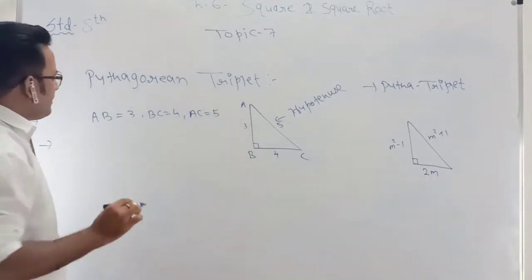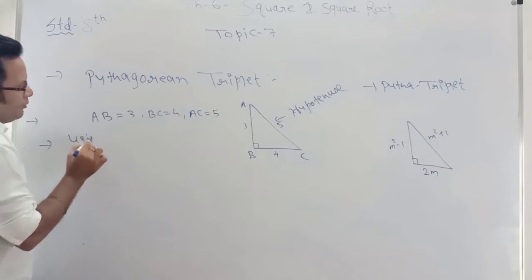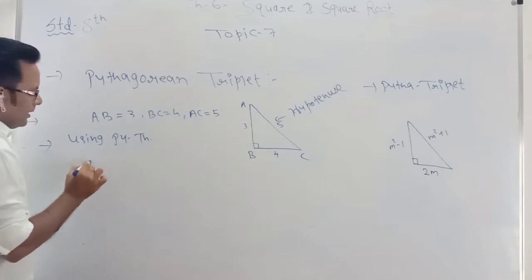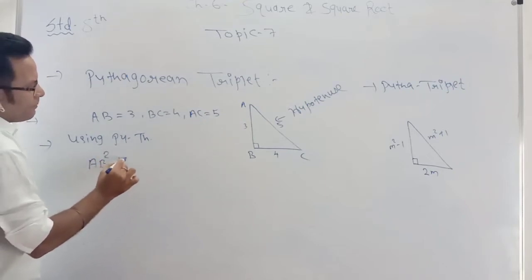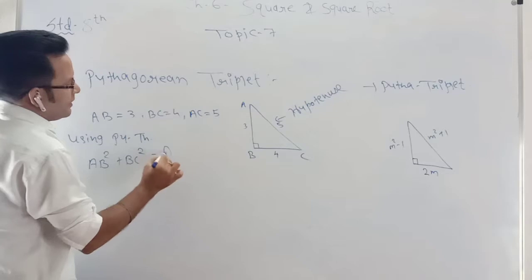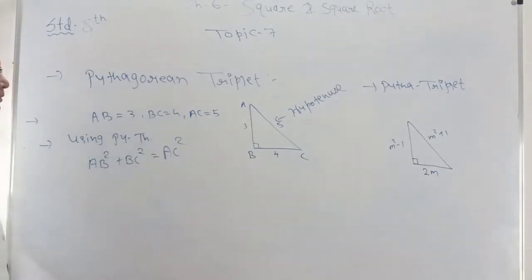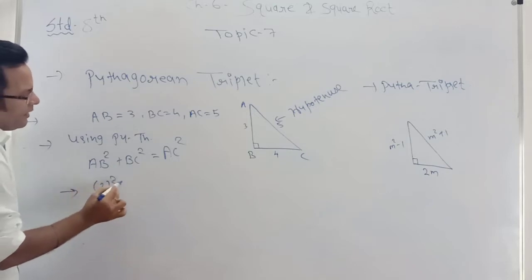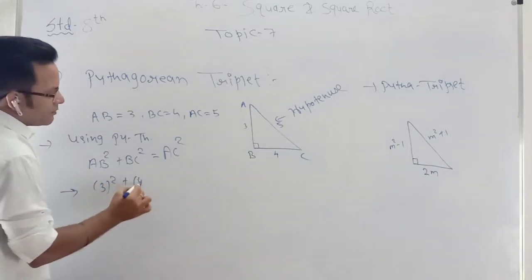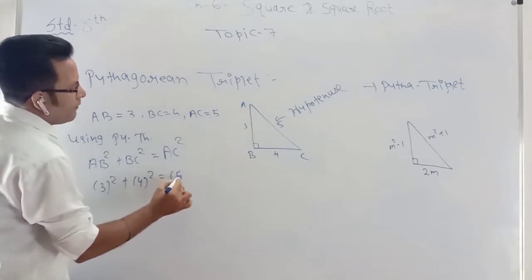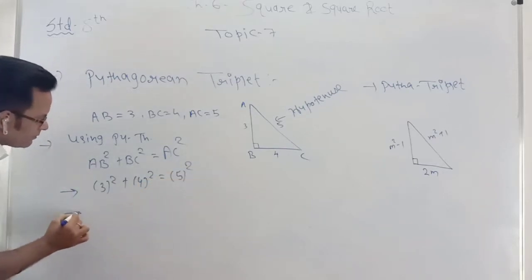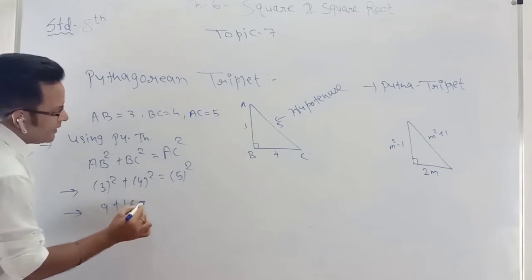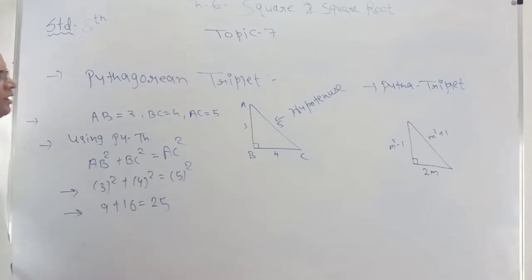Now, using Pythagoras theorem, that is AB square plus BC square is equal to AC square. Now, AB square means 3 square plus BC means 4 square is equal to 5 square. 3 square means 9, 4 square means 16, and 5 square means 25.